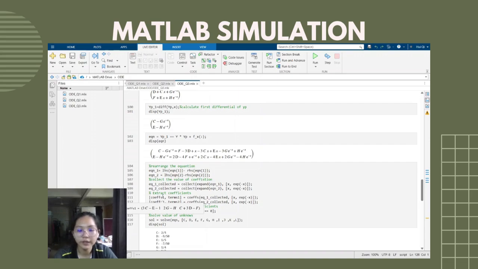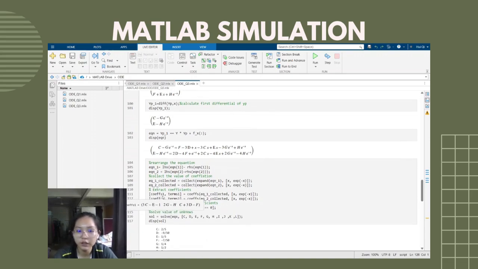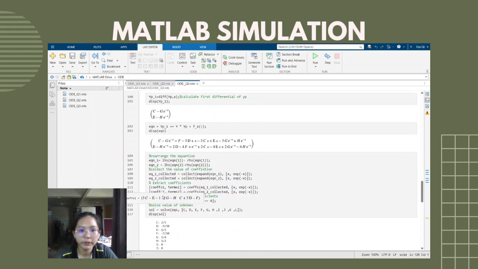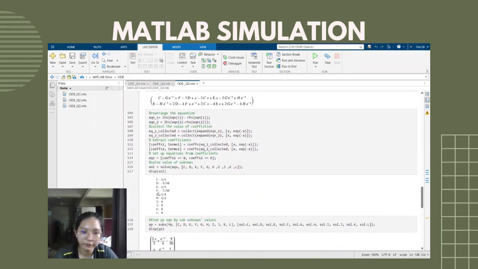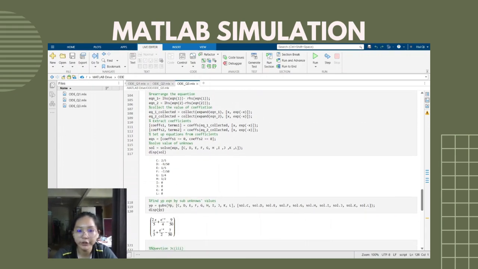So the x and exponential terms are independent, and we define both of them equal to 0, where we already rearranged the equation here, and it should equal to 0 here. We can solve the values of the unknowns by using solve, and we can get the values and we replay it to check our manual calculation.